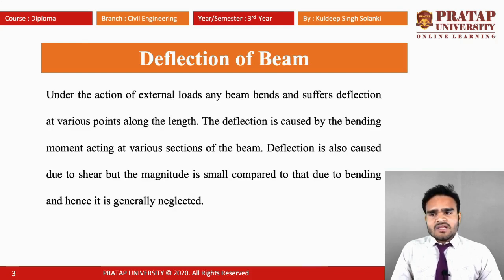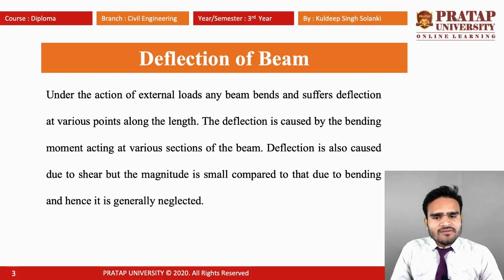Next, under the action of external load, any beam bends and suffers deflection at various points along the length. It means if you apply the loading, the deflection will vary from length to length. The deflection is caused by the bending moment acting at various sections of the beam, and also due to shear, but its magnitude is small compared to that due to bending, hence it is generally neglected.